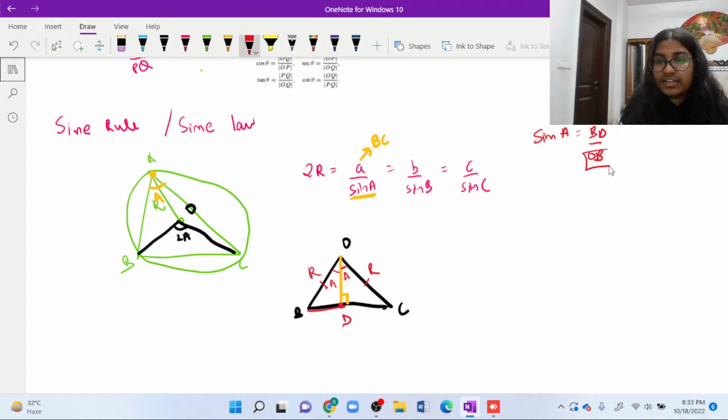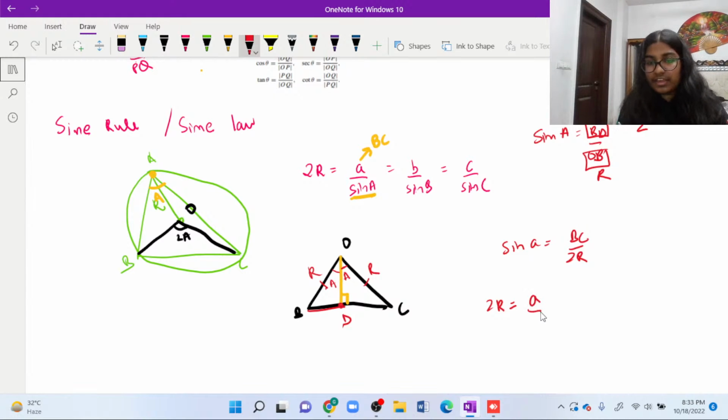And OB is clearly R and BD is clearly BC by 2. So sine A equals BC by 2R. So 2R equals BC, which is a by sine A.